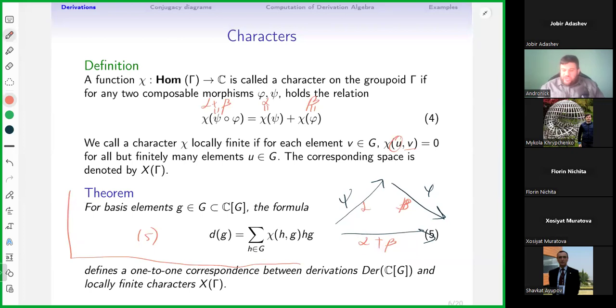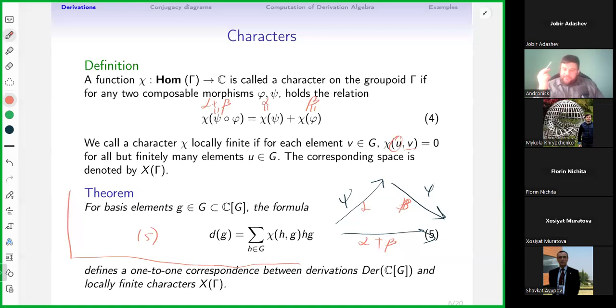Why are we taking this a little bit strange condition of local finiteness? Because it is a condition that your mapping goes to the group algebra, so the sum in the image is finite.